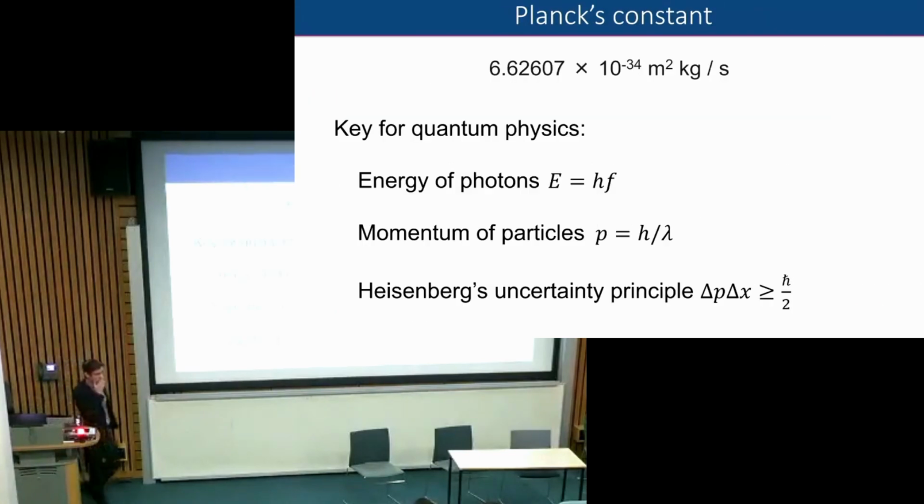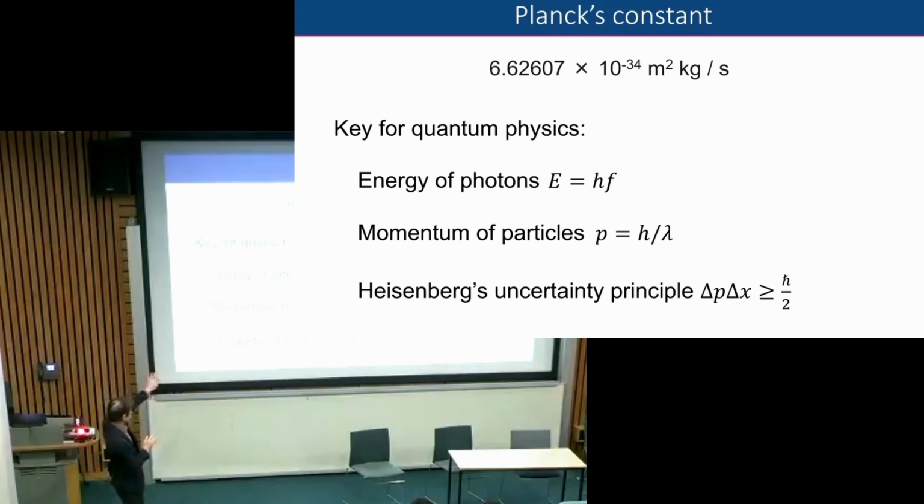And as we saw in the tutorial on Friday, you can actually measure Planck's constant by the photoelectric effect experiments, by doing reverse potentials and so on. And that constant of proportionality, in other words, the energy to make a photon of light of frequency f is equal to h times the frequency, it turns up everywhere.